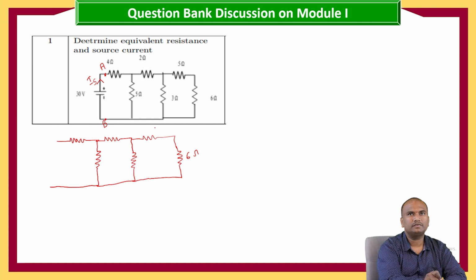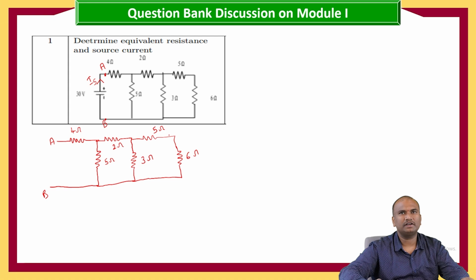Six ohms, 5 ohms, 3 ohms, 2 ohms, 5 ohms, 4 ohms. Here, taking these as the AB terminals, we have to start from the other end of the circuit. Here we can see this 5 ohms and 6 ohms are connected in series.